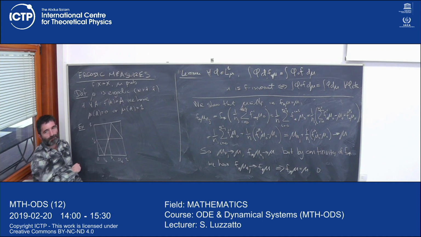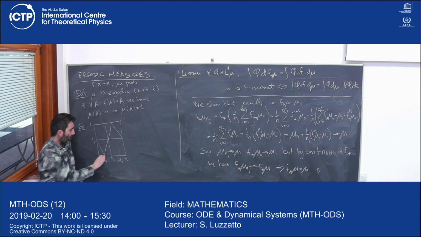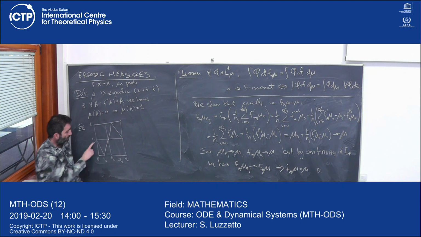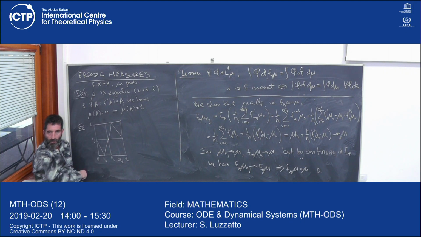Why is it invariant? So, what is the slope of these graphs? The slope here is -2, the slope here is 2, slope -2. Okay?